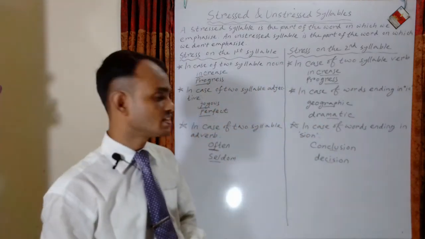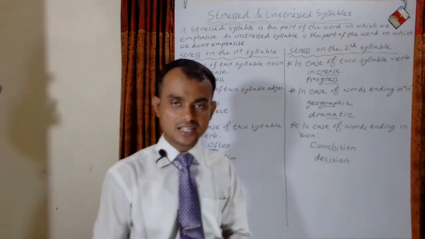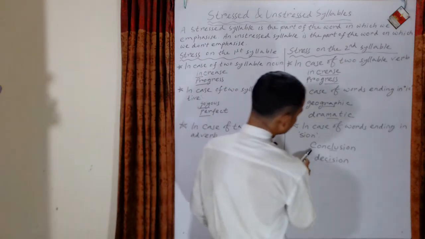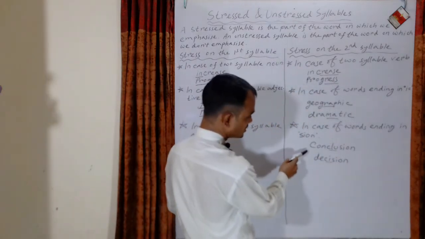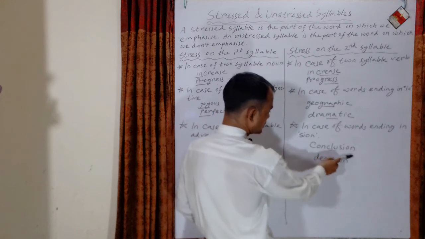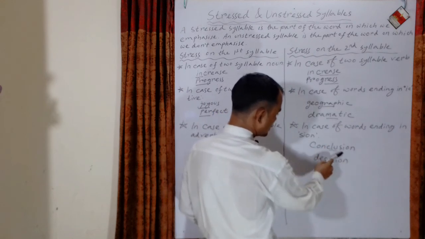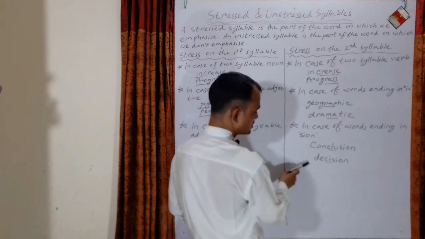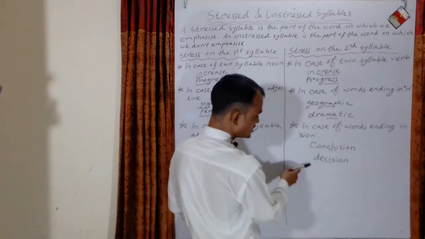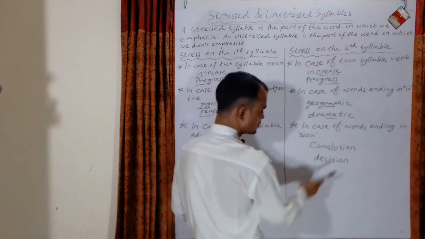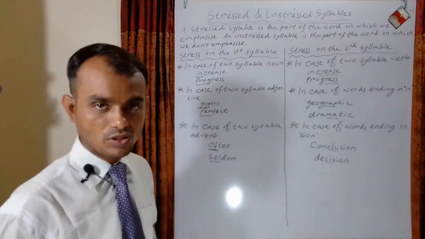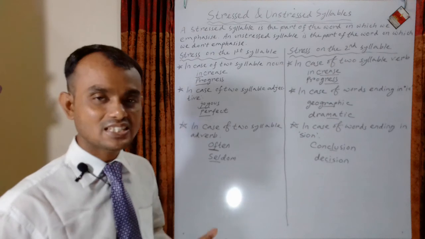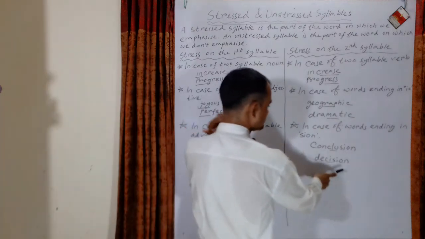In case of words ending in SION, for example, conclusion. There are three syllables here, and this word ends in SION. So we should stress on the second syllable, clue. In the same way, decision. There are three syllables here. We should stress on the second syllable, decision. The second syllable is C, decision.